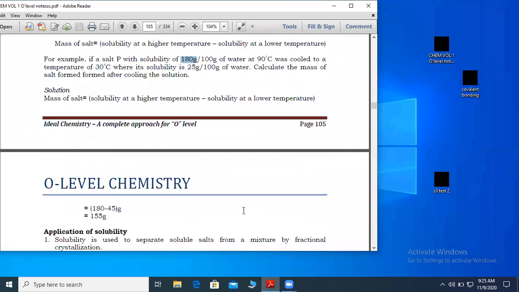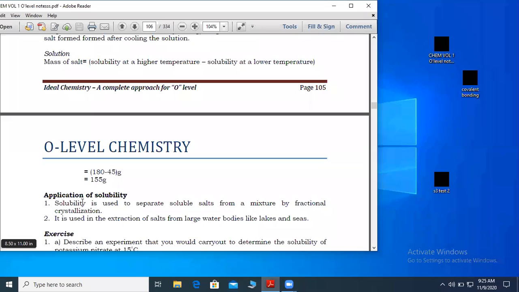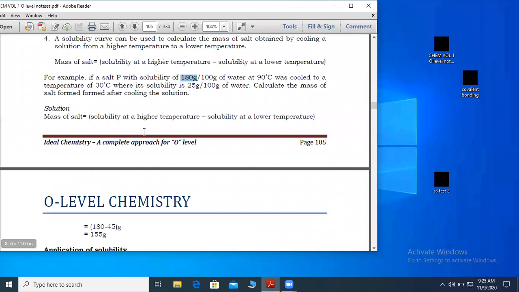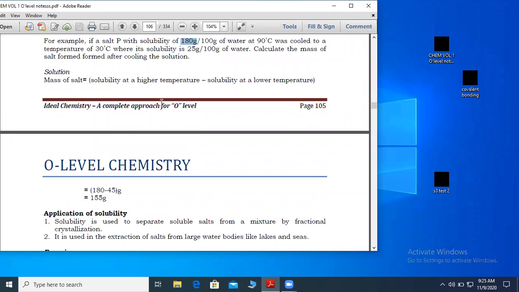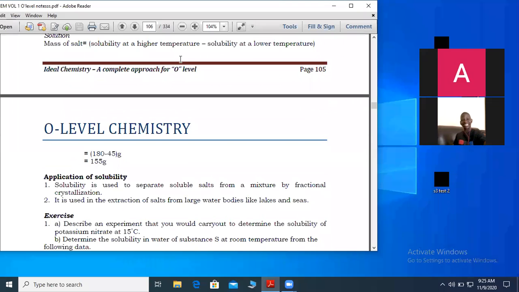Simple as that. And you get the answer as 155. So it means this is supposed to be 45, not 25. Don't get confused.